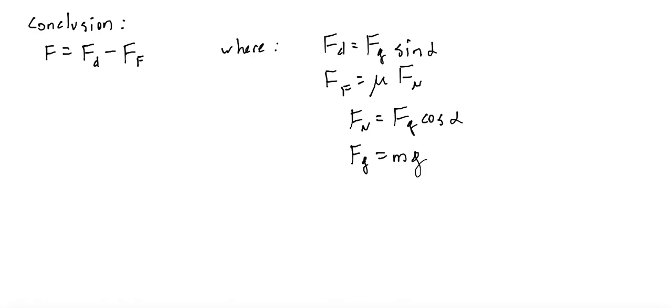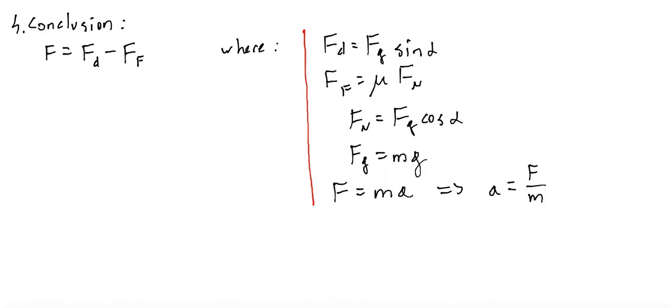If you want to calculate acceleration, you can use F equals m times a, and usually if F is given, you can calculate acceleration by F over m. Is it clear? I hope that it is clear. It looks complicated, but it's logical. All equations are given, so maybe copy this also as a conclusion, last point, point number 4. You can write point number 4, conclusion, and copy this.